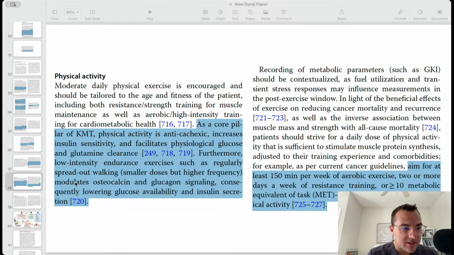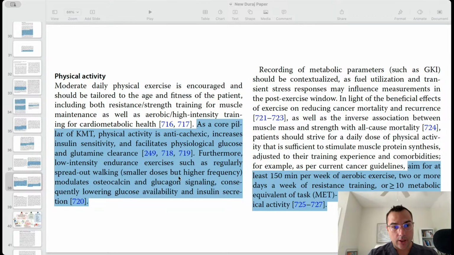It says it here, that basically short walks throughout the day are a way to continually clear out glucose from the system and create a metabolic demand that helps your cause by not allowing the tumor to take all the glucose. This is where I'll have a whole video on this, but also cold thermogenesis or cold water immersion can do the same thing, and it can steal glucose away from tumors.